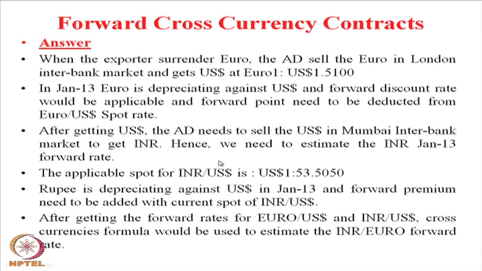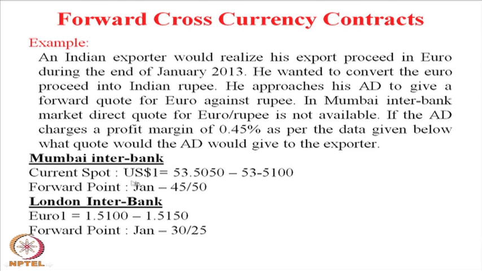Here, in the Mumbai interbank market, the current spot is US dollar and Indian rupee, and forward points for US dollar and Indian rupee are given for the January month. In the London market, the euro and US dollar rate is available and forward points for euro and US dollar are given to us. Since a direct quote for euro and rupee is not available, the authorized dealer will migrate from the Mumbai interbank market to the London interbank market and decide the quote.